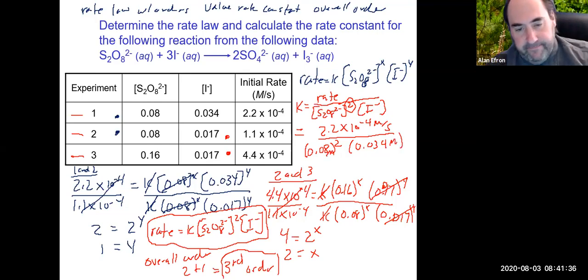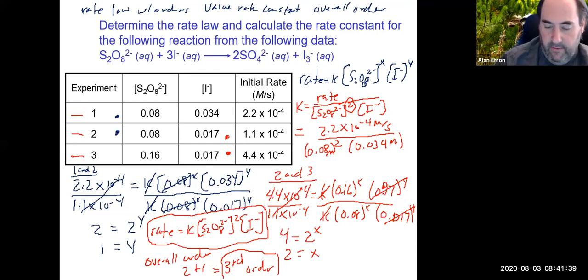And if we do that, we end up with 1.0, and the units, molarity here will cancel. There's molarity squared on the bottom, so this would be 1 over molar squared seconds would be the units.